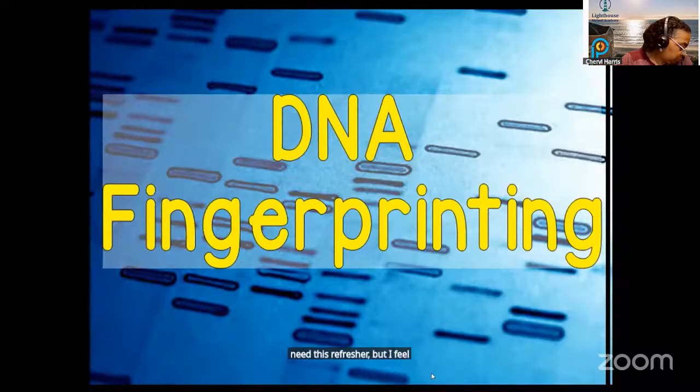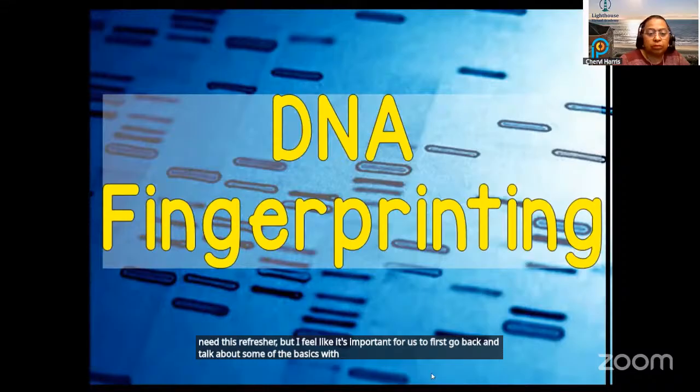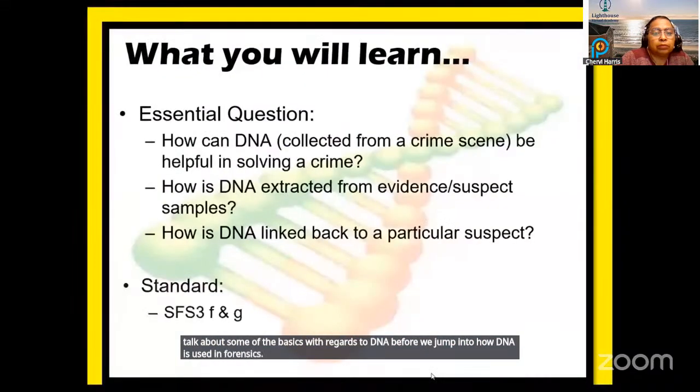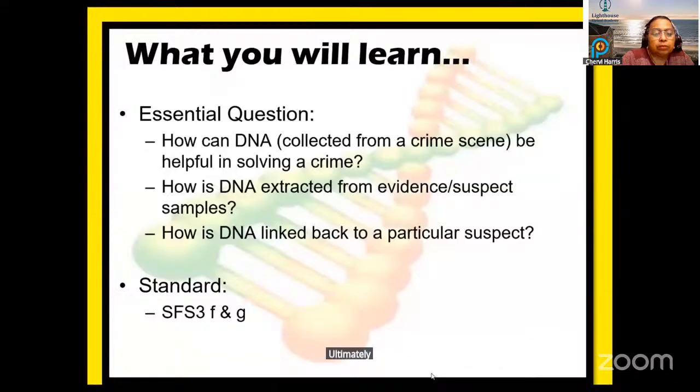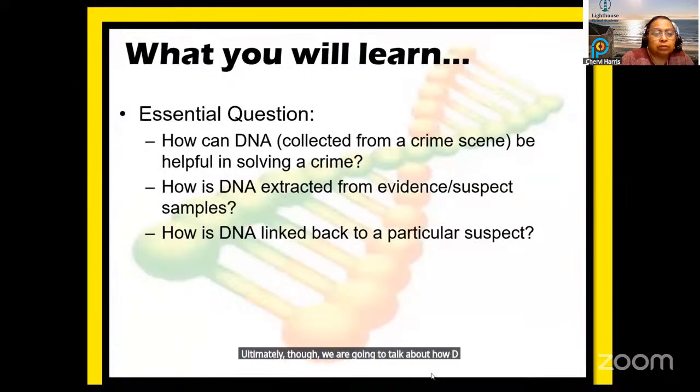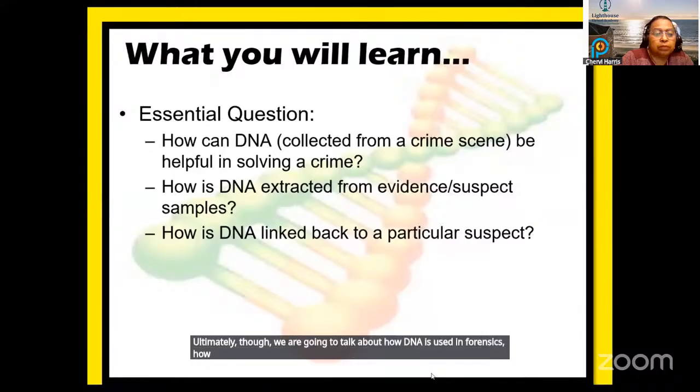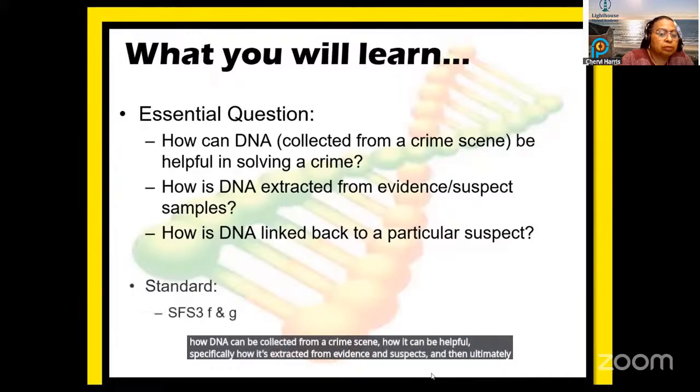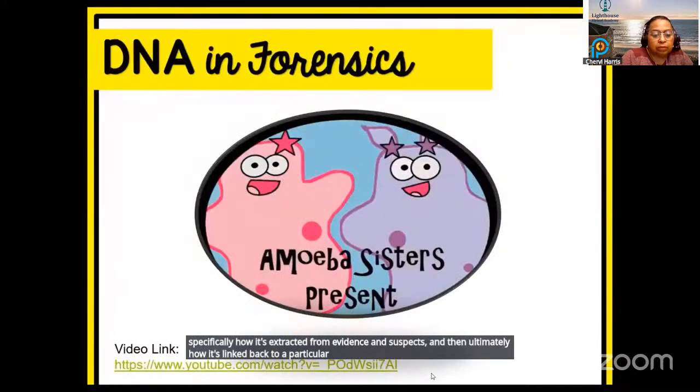But I feel like it's important for us to first go back and talk about some of the basics with regards to DNA before we jump into how DNA is used in forensics. Ultimately, though, we are going to talk about how DNA is used in forensics, how DNA can be collected from a crime scene, how it can be helpful, specifically how it's extracted from evidence and suspects, and then ultimately how it's linked back to a particular suspect.